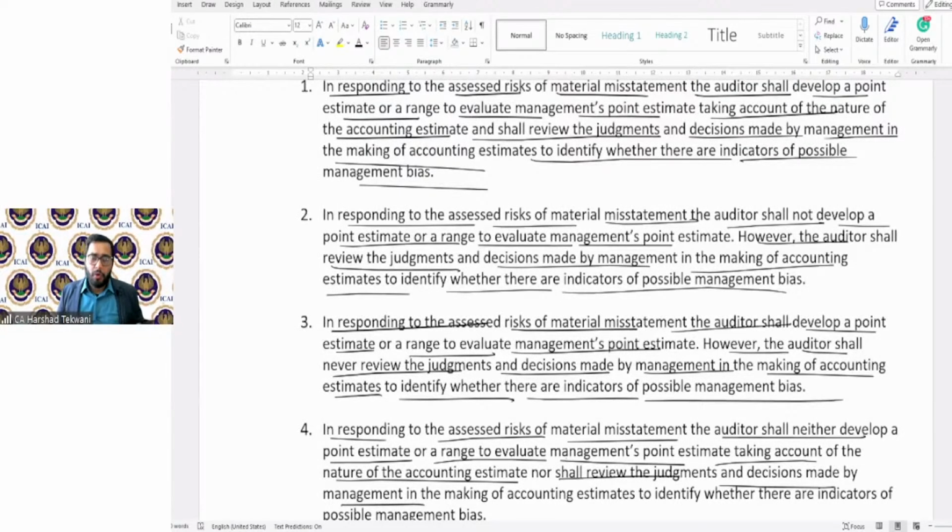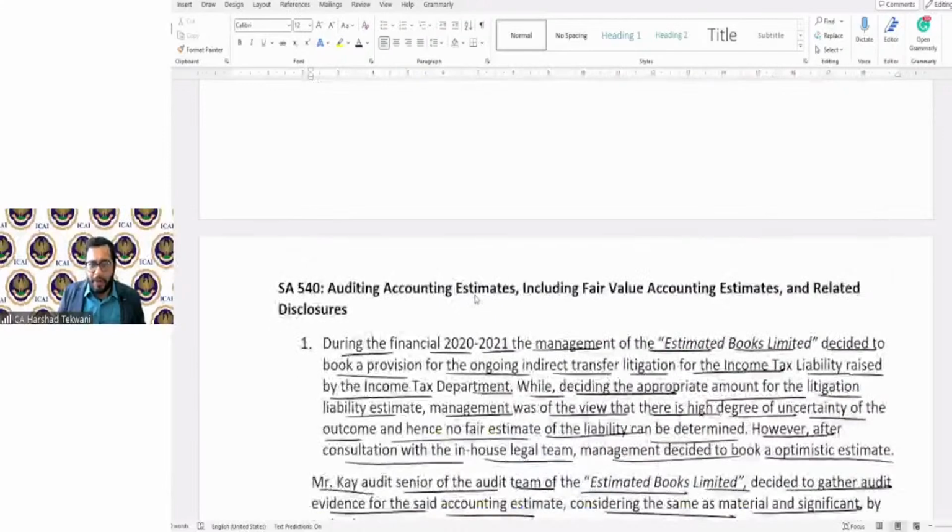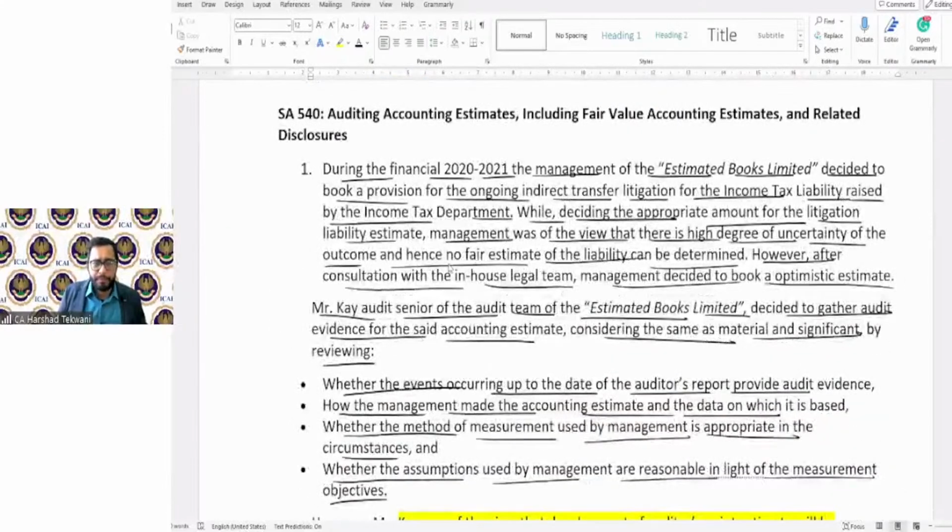Come on, guys. So whether the auditor should develop or should not develop an independent point estimate. Now we are also required to review this particular item: that there was a high degree of estimation uncertainty of the outcome, and later on, management consulted with the in-house legal team and decided to book an optimistic estimate.